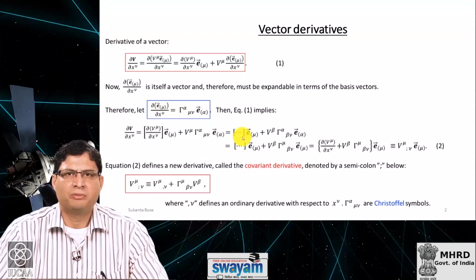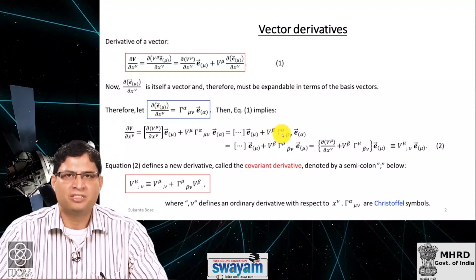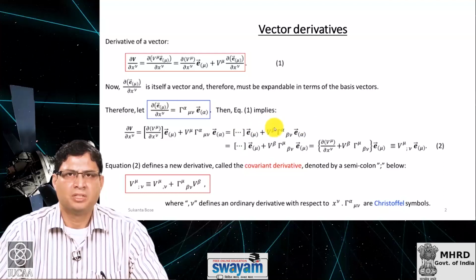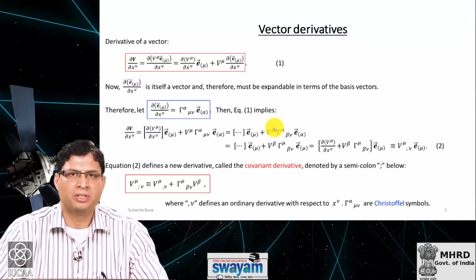So that is why in the following step you will see this replacement, and in the next couple of steps I am going to rearrange the indices on the Christoffel symbol and the vectors so as to be able to take out E mu as a common term from these two terms. The purpose of that will become evident in a few seconds.